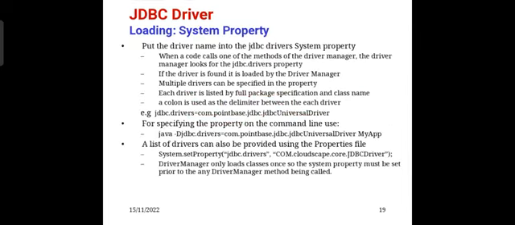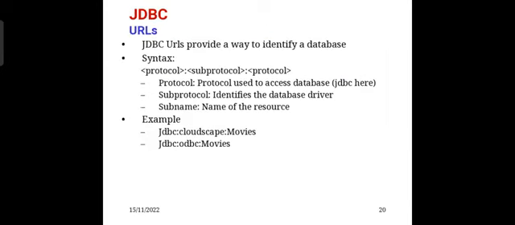What is a system property and what is its purpose? The driver manager looks at the jdbc.drivers property for drivers to be loaded, and multiple drivers can be specified in this property. It is also given through URLs, uniform resource locators.